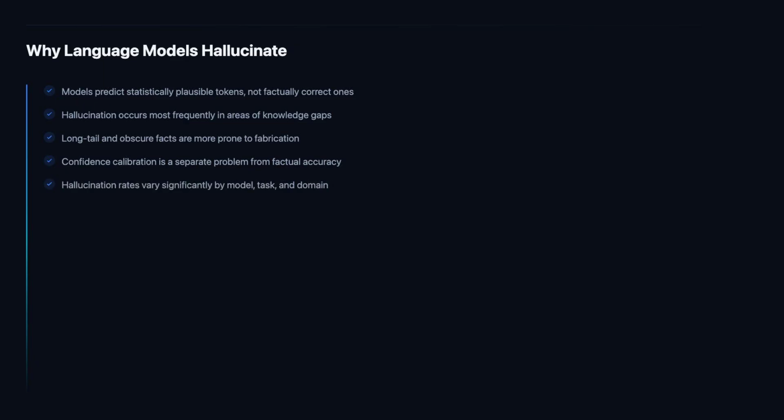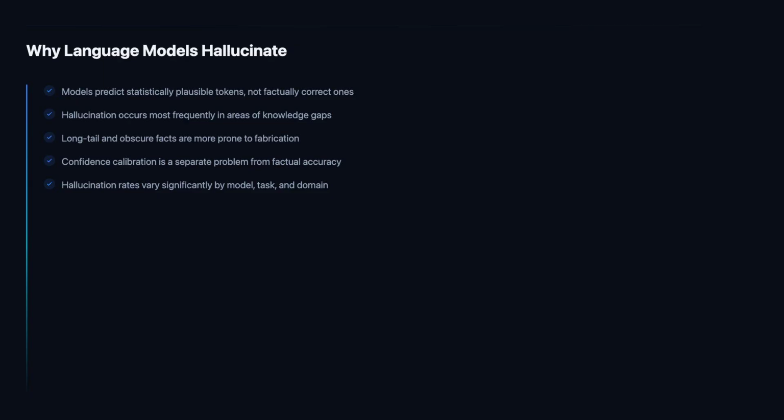Hallucination is not a fixed property of a model. It varies substantially across different models, different task types, and different domains. More capable, larger models generally hallucinate less frequently on common knowledge tasks, but may still hallucinate on specialized or recent knowledge. Tasks that require the model to synthesize information from a provided context, such as summarization and RAG, show lower hallucination rates than tasks requiring the model to recall information from its parametric memory.